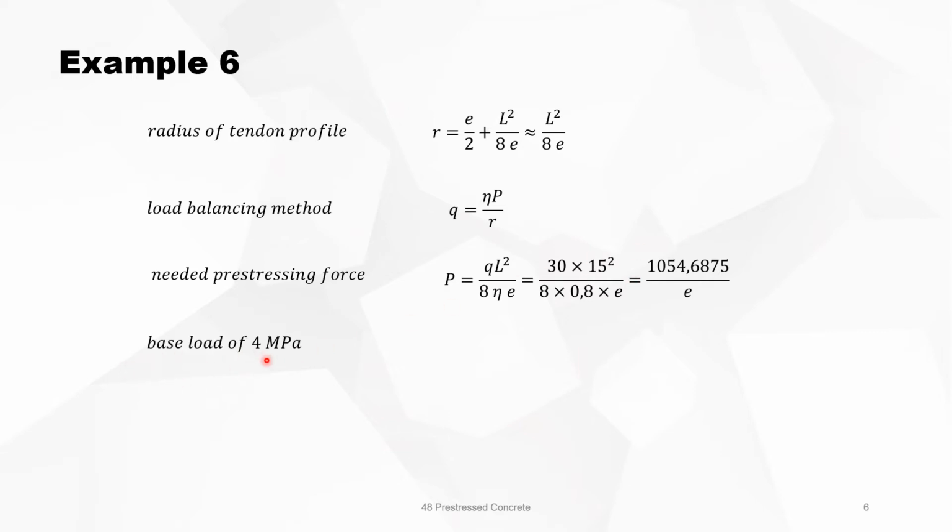The base load is 4 megapascal, so it means that with long-term losses, 0.8 P equals 4000 times B times H, which is 2000 H squared.